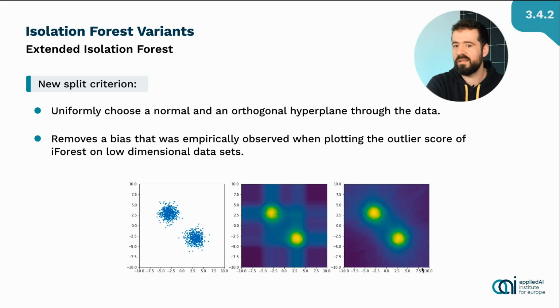One reason for that is that they are connected to different measures that I can put on the space. While the original implementation is highly connected to the L1 distance, the extended version is connected to the L2 distance, and it's known that the L1 distance has slightly better properties in higher dimensions. So this concludes our part on the isolation forest.